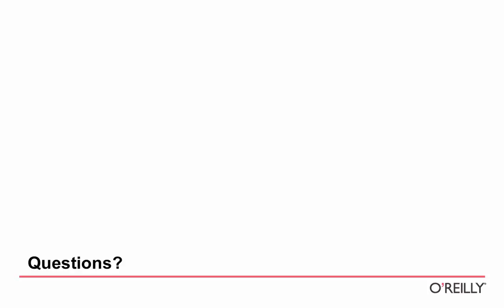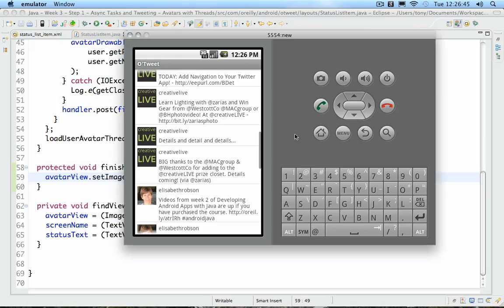So even if you're using the same icon for a bunch of the tweets, you're still loading it separately each time, correct? So you're loading the Creative Live icon multiple times, even though it's the same one. Yep, and that's a good point. I didn't mention that. This is really sort of dumb, simple code.